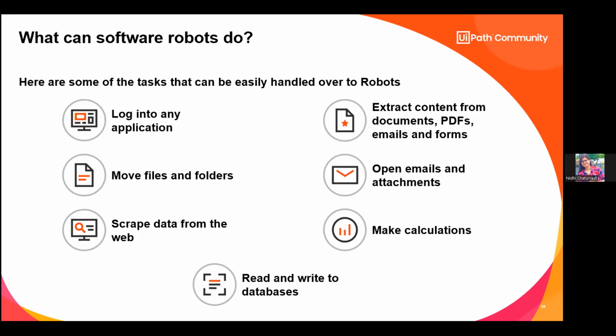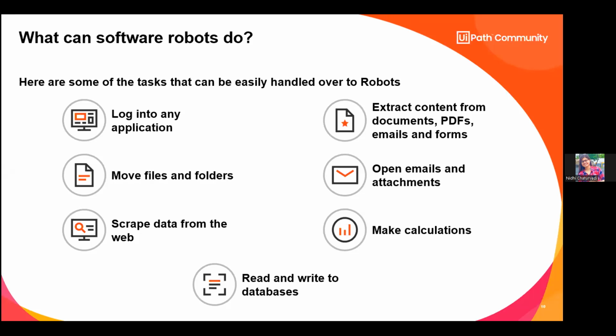This again can be taken up by software robots. When it comes to reading data from the screen, it is capable of reading from any web page, as well as any document formats that involve PDFs, emails, forms, XLS, or PPT or any other format, right?